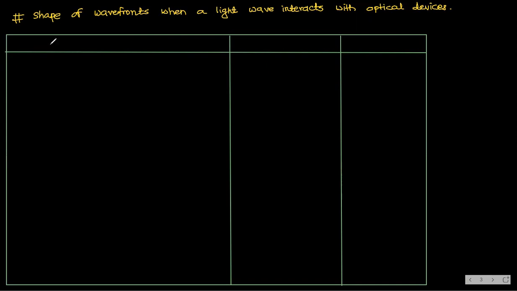So here you can take incident wavefront, and then reflected or refracted, and here it is type. So first I am taking type, that is concave mirror.